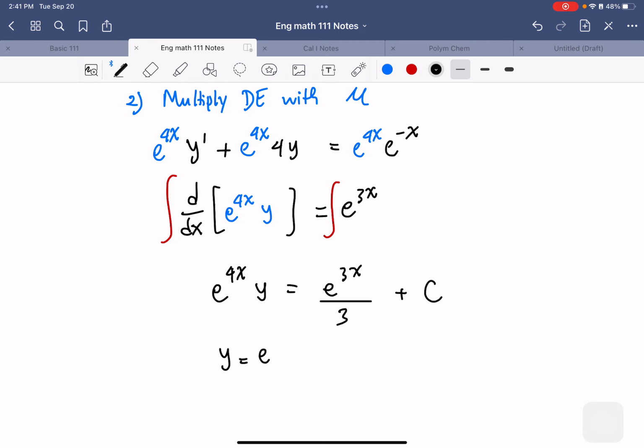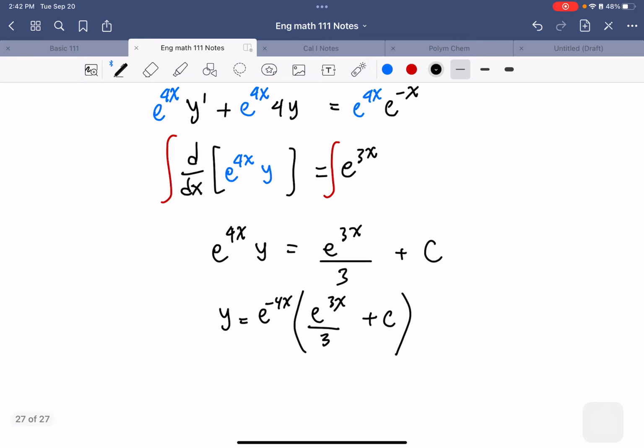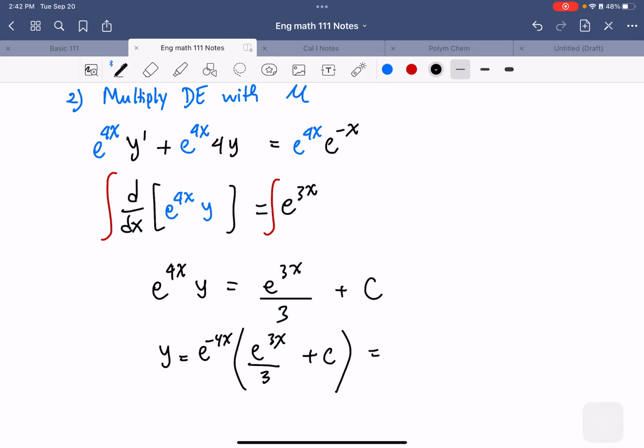So we will have e to the negative 4x, or we can write 1 over 3 e to the minus 4 plus 3 is minus x, and then plus c e to the negative 4x.